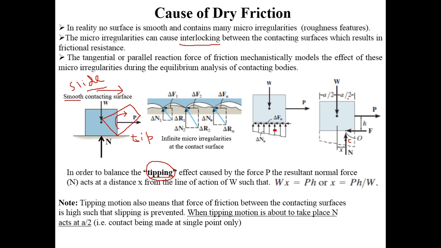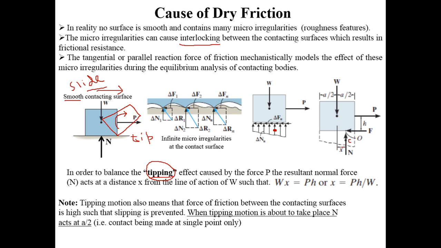As you can see in this diagram, the physical dimensions of this rigid body are given to you. This dimension is A, and this dimension is also probably A because it's a square, and so the center of gravity will lie at A by 2, and at this point the weight of this box is going to pass. Now this N is shown at a distance x from the center of gravity of this object.